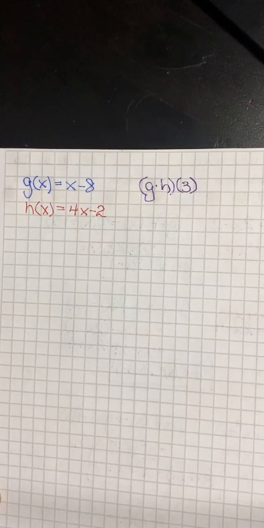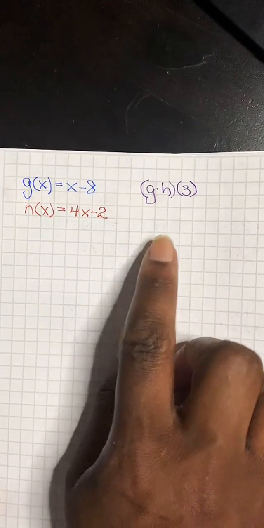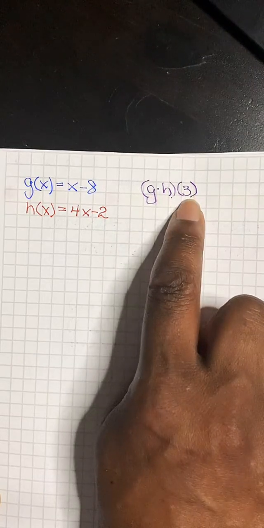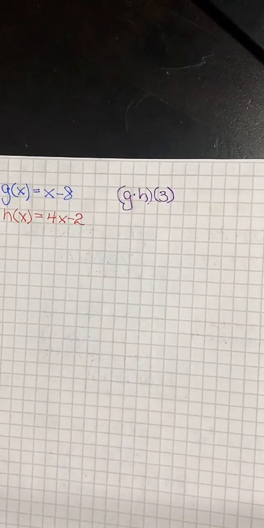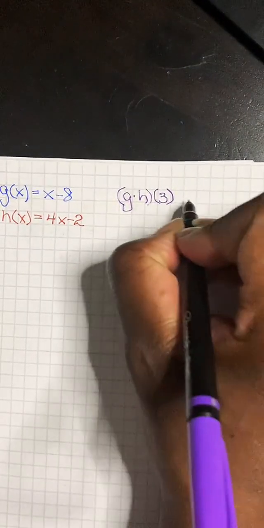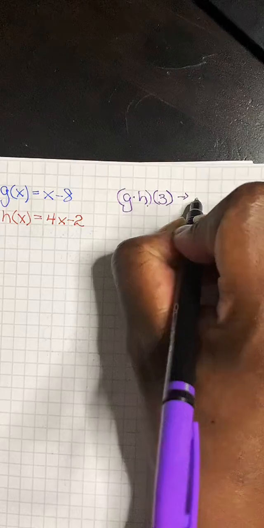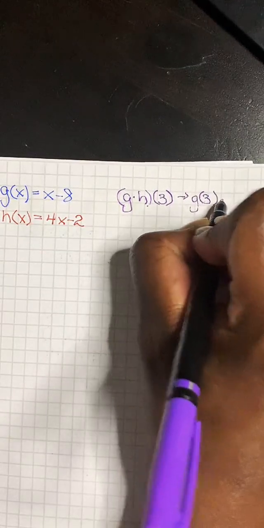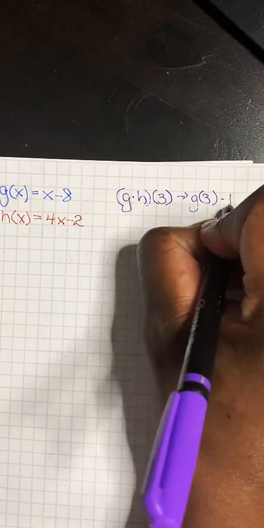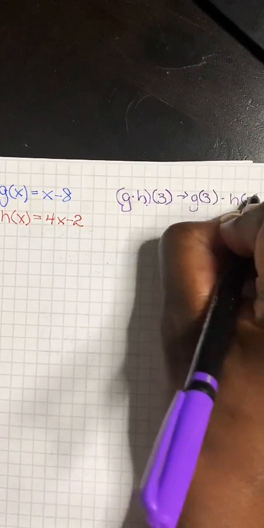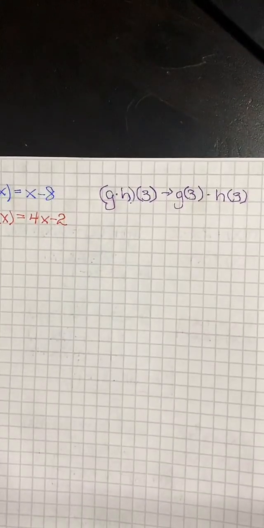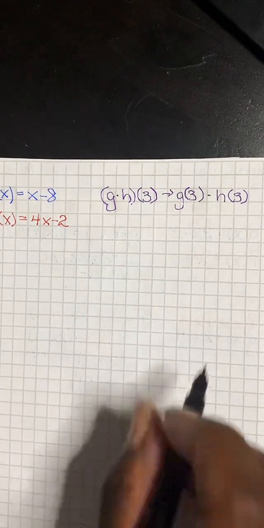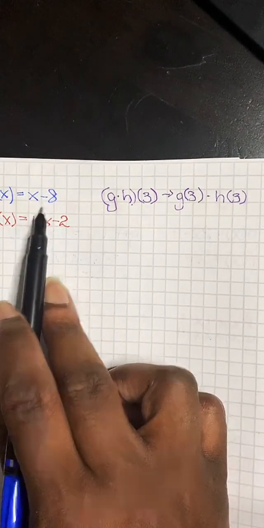All right, so let's take a look. So we have G times H of 3. So basically, this is saying we're taking the G of 3 and we're going to multiply it by the H of 3. So the G function has x minus 8.